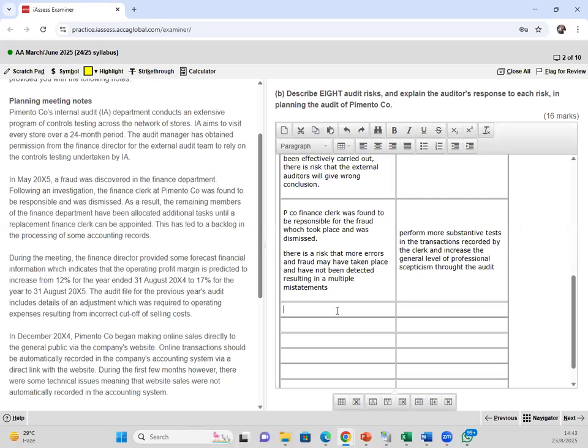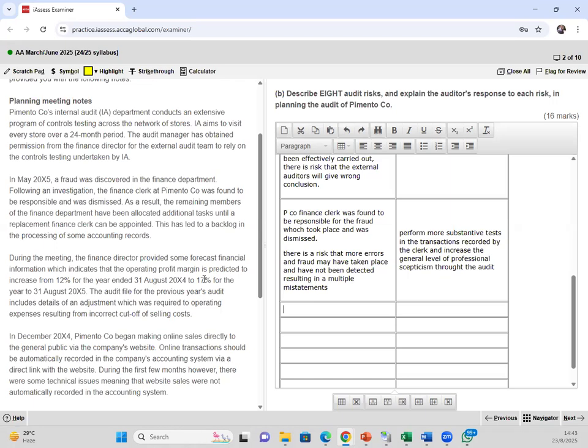The risk is that they have said the profit is going from 12 to 17%. They are predicting an increase in profit, which I would like to think could be a deliberate misstatement. They can overstate the profit. Why am I thinking so?